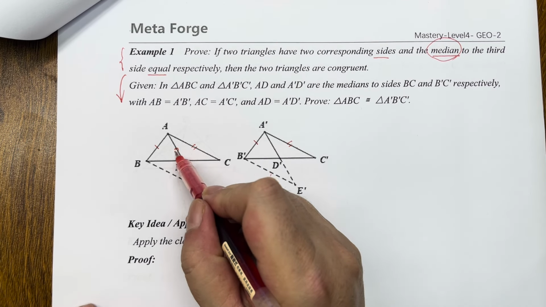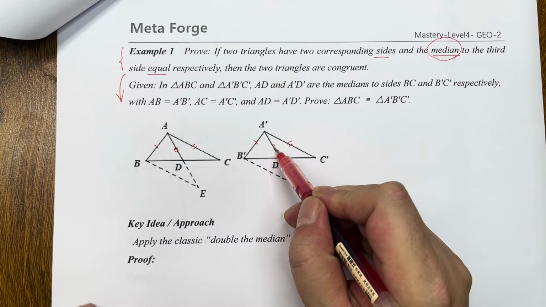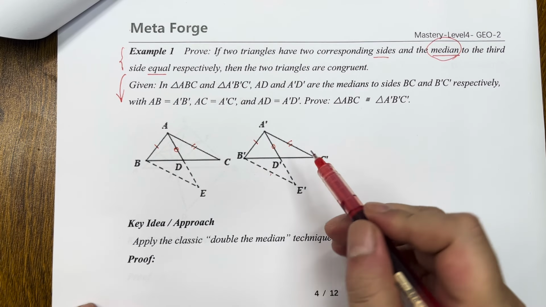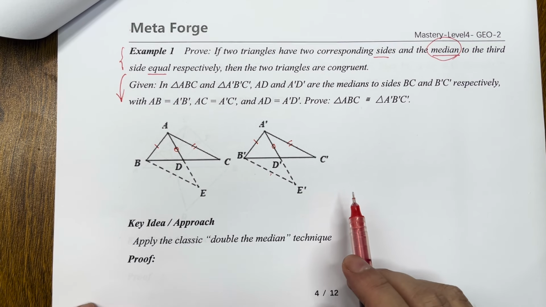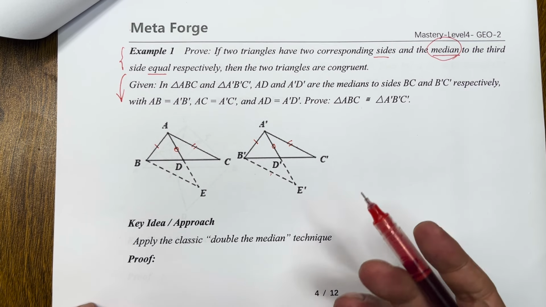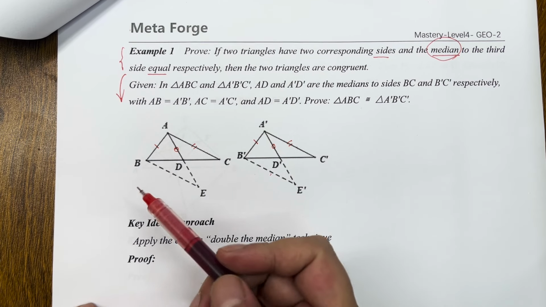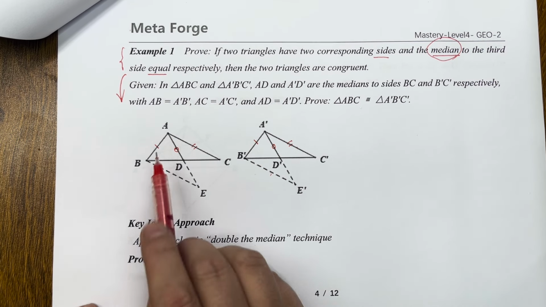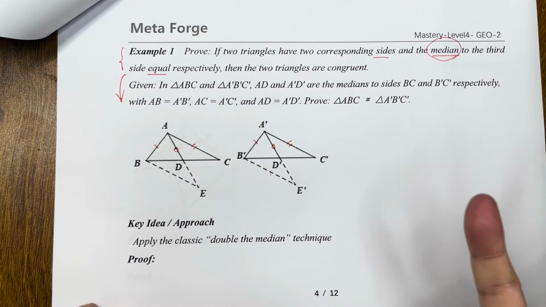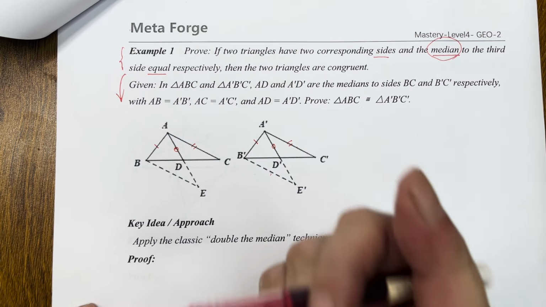The medians on the third side are equal. So this is the classical double the median technique. Why? Because these three lines can't construct a triangle.